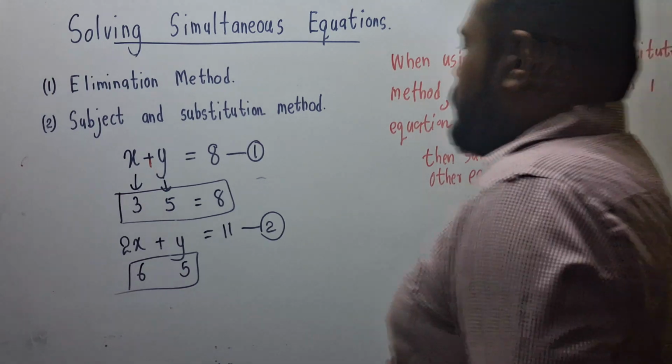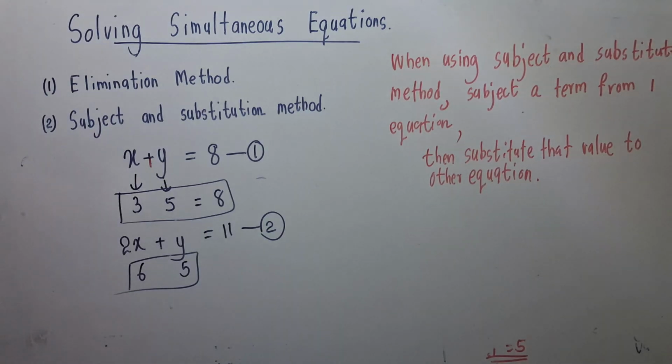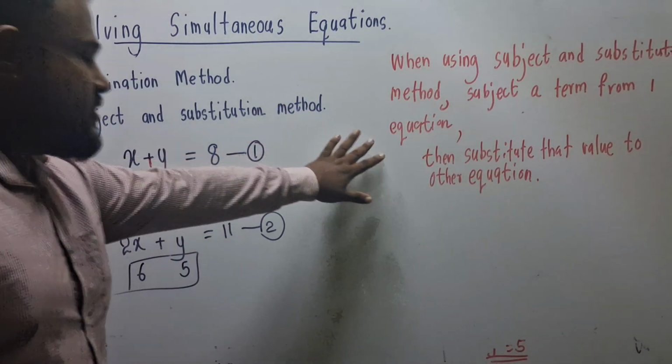You can pause and write the note: subject a term from one equation, then substitute that value to the other equation. So what I have to do first is subject a value from one equation.